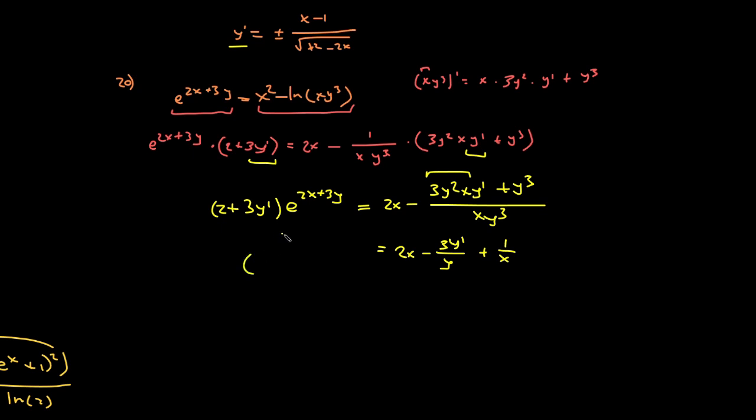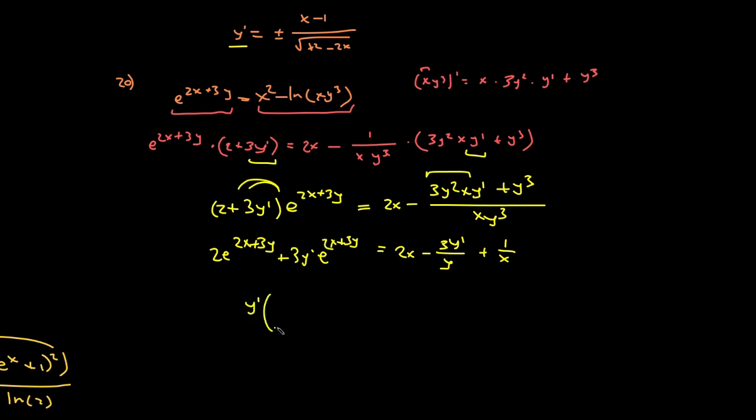And actually I will multiply this out now, so that's 2 times my exponential, and then 3y prime times my exponential. Alright. So now I can group together the y prime terms and solve for y prime.